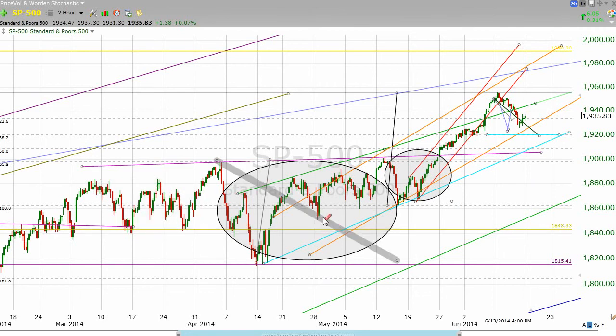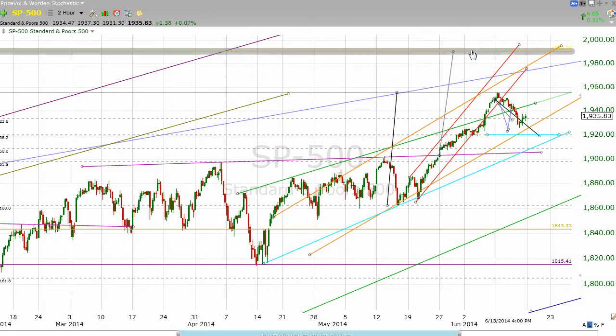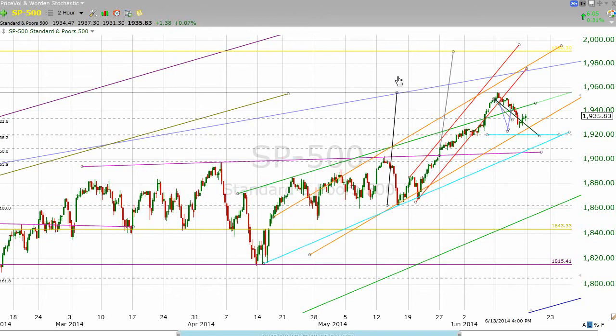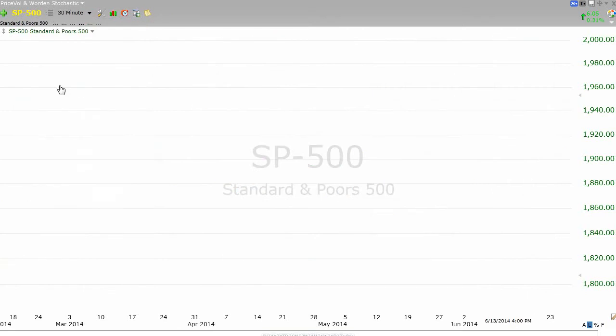So we break out, we measure our target. It turns out our target is approximately 1990. We establish a channel that is rising up to what appears to be that target.